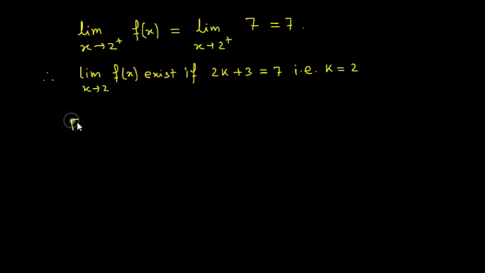For k is equal to 2, f(2) is equal to 2 multiplied by 2 plus 3, that is 7.